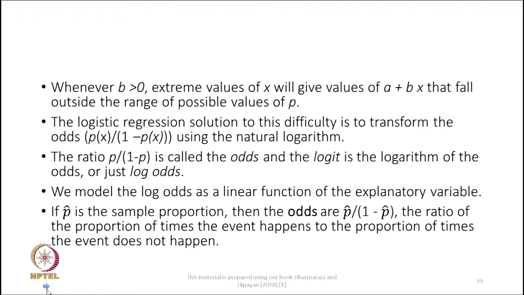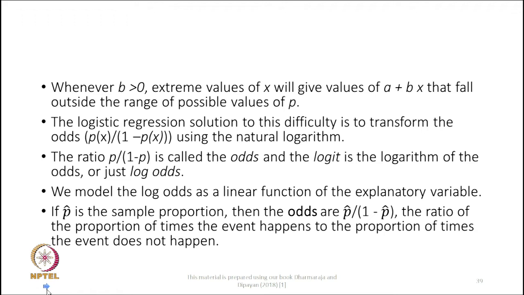Not only that, if p cap is the sample proportion, then the odds can be replaced by p cap divided by 1 minus p cap. Whenever p is unknown, then that can be replaced by p cap.